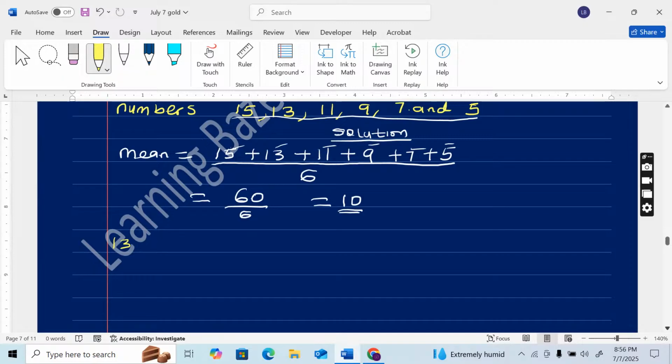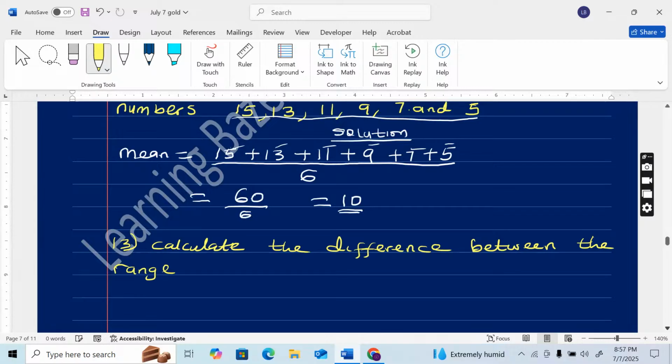So the question says, calculate the difference between the range and the median of the following set of numbers.